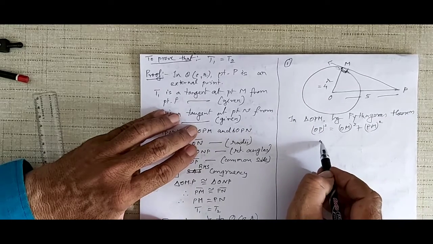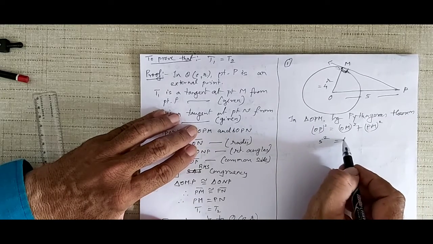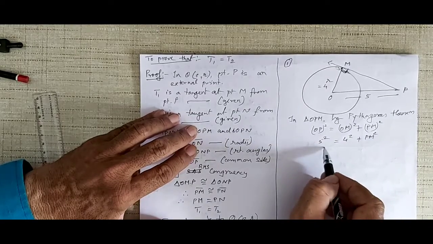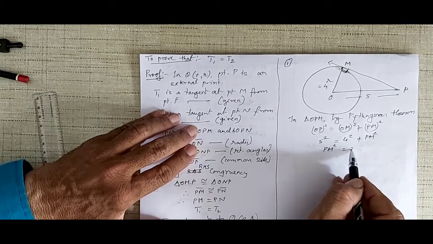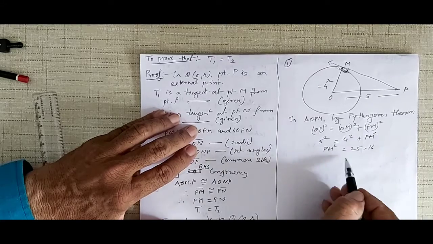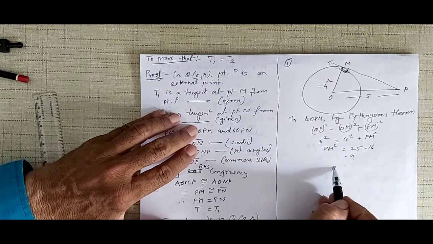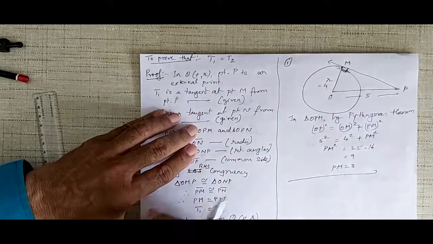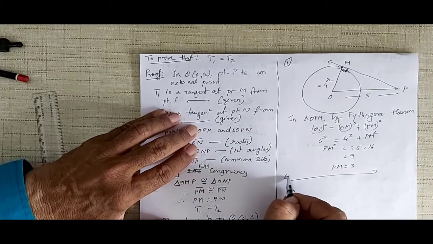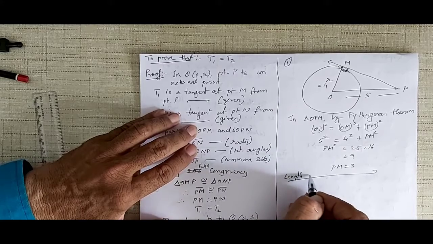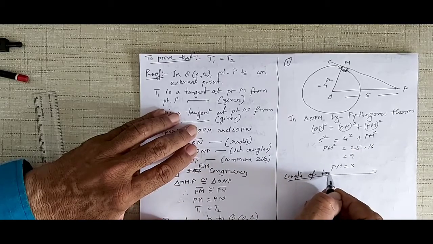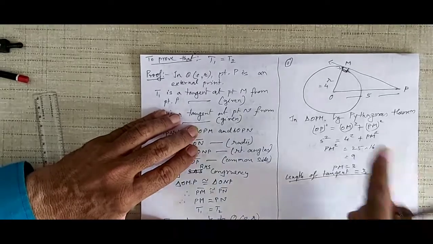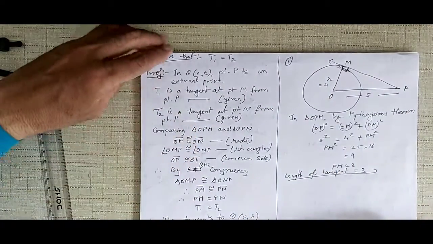OP is 5. 5 square is equal to 4 square plus PM square, or PM square is equal to 25 minus 16, which is 9, and therefore PM is equal to 3. Therefore the length of the tangent PM is equal to 3.